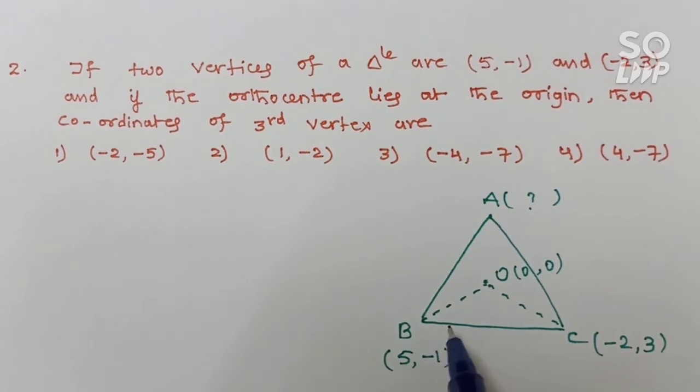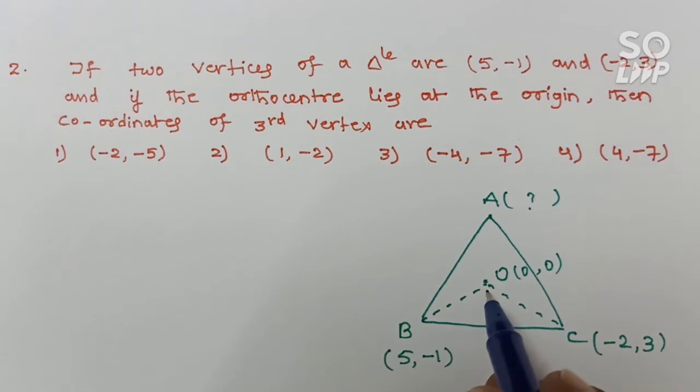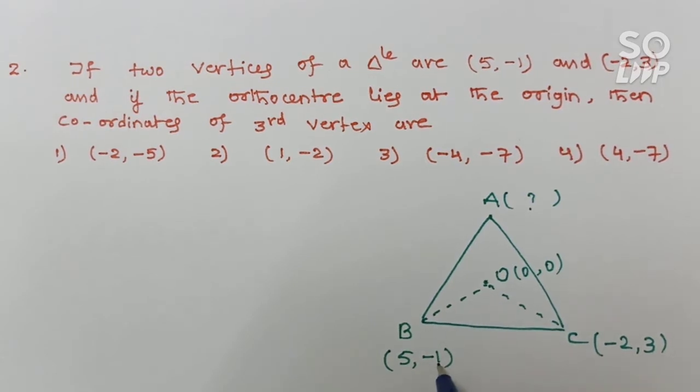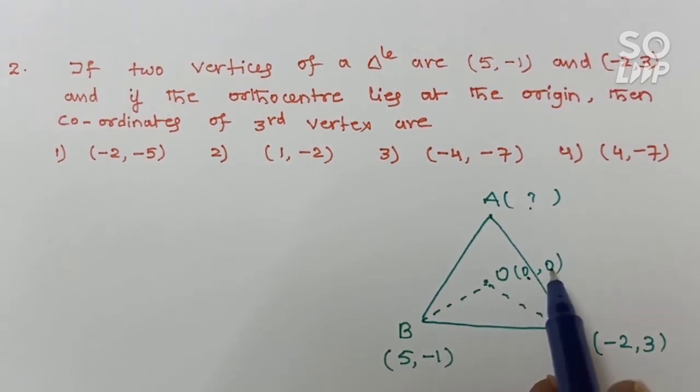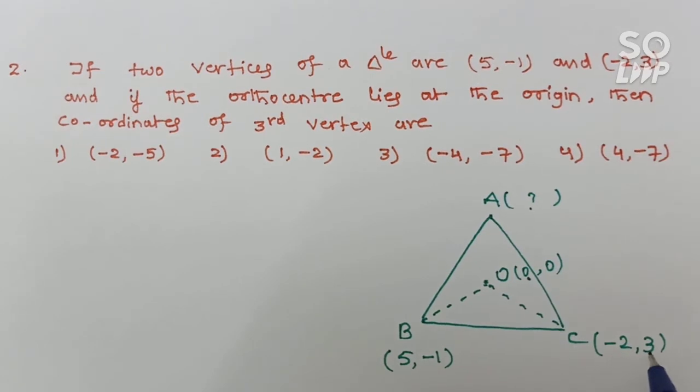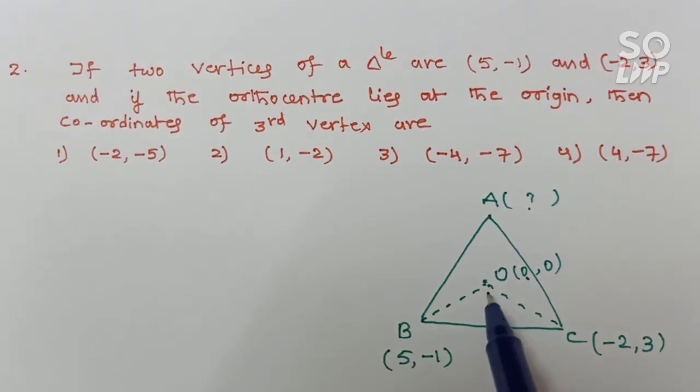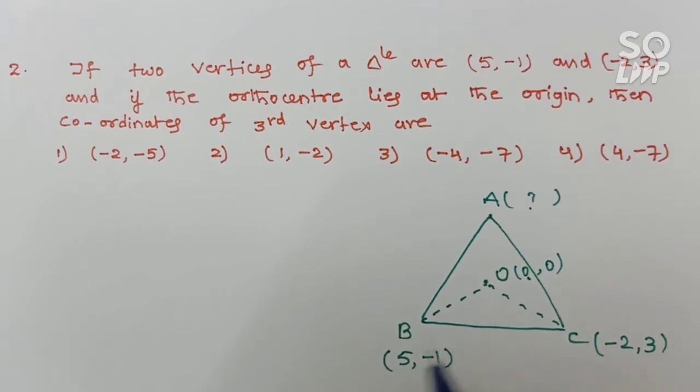See, look at this one. I said that the simple technique is that here (x1, y1), this is (x2, y2), this is (x3, y3). You find one altitude of the triangle.